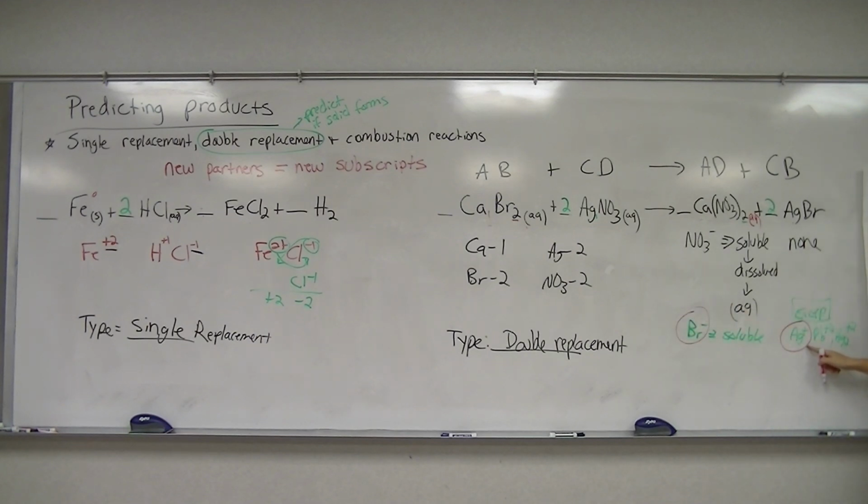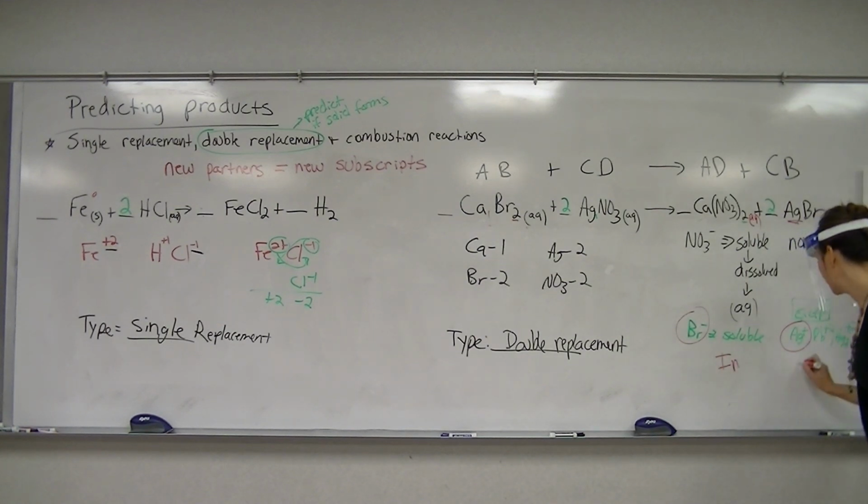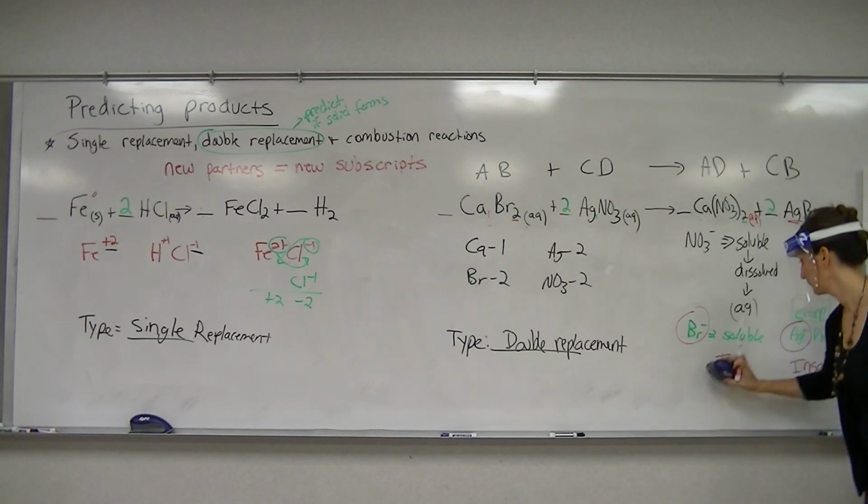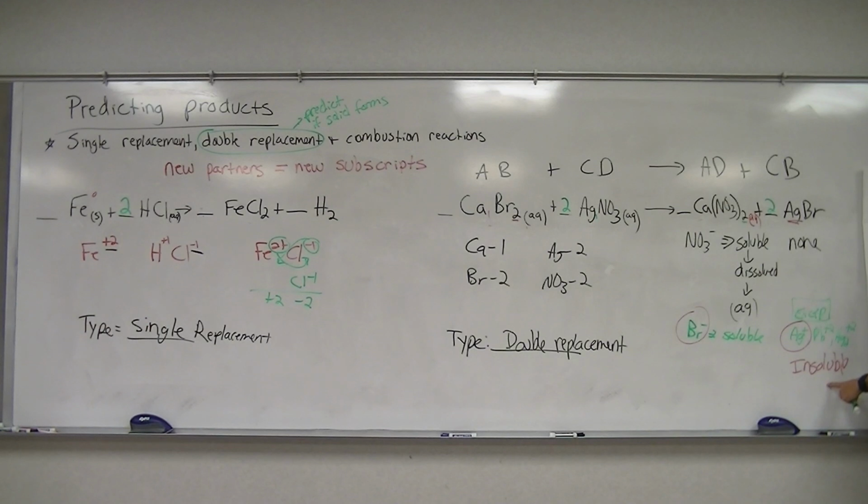In this case, bromine is with silver. Since it's with the exception, it's not going to be soluble. It's saying soluble except when it's with these, so since it's with silver, it's going to be insoluble. So I should write insoluble over here. Insoluble means it doesn't dissolve and we form a solid.